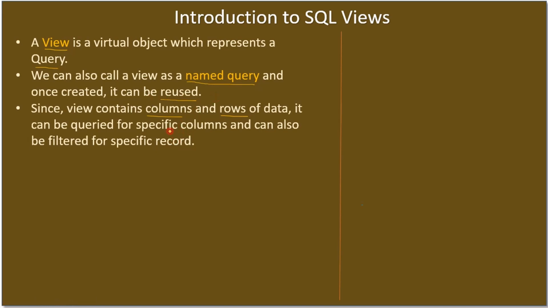So once a view is created, you can treat that view as a table and you can query specific columns from that view. Not only that, you can also perform a filter to pick a specific record. So as already stated, you can treat the view like a table, and whatever select query you can write on a table, you can do that on the view as well.